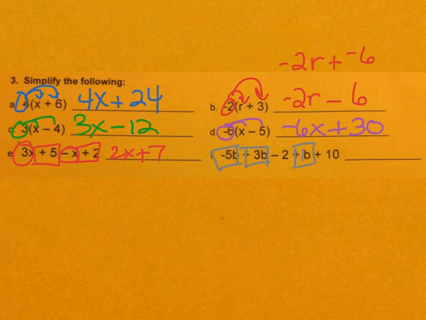So negative 5 plus 3 is negative 2. Negative 2 plus 1 is negative 1b, or you don't really need the 1 there. It could just be negative b. And then a minus 2 and a positive 10 is plus 8. So those 6 problems would be just simplifying. I still don't know what x is, or r, or b, or whatever, because we don't have enough information. So that's all that you could do. So make sure you don't get those mixed up with equations, which we're going to do next.